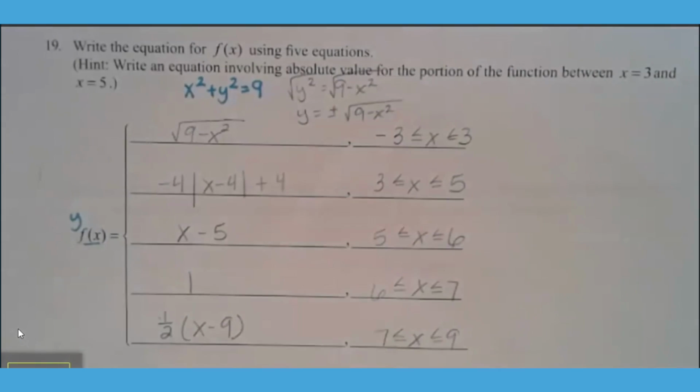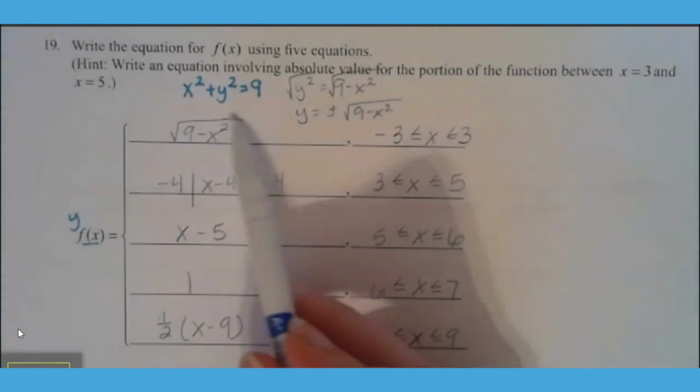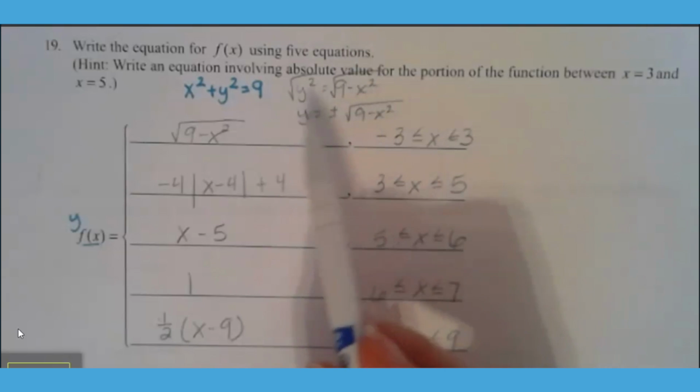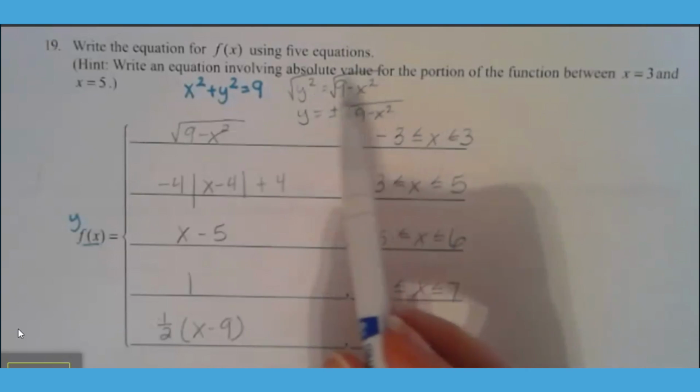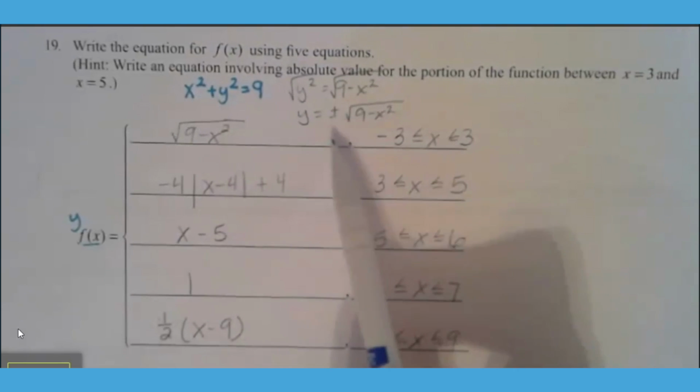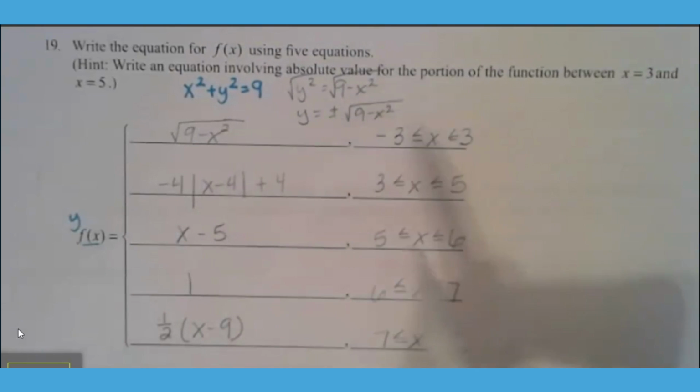And then we have to make the distinction that because we are only looking at the portion above the x-axis, that is the positive version of our solution. This is a great tie-in to make with the equation of a square root and the equation of the circle, and why we need that plus or minus as well.